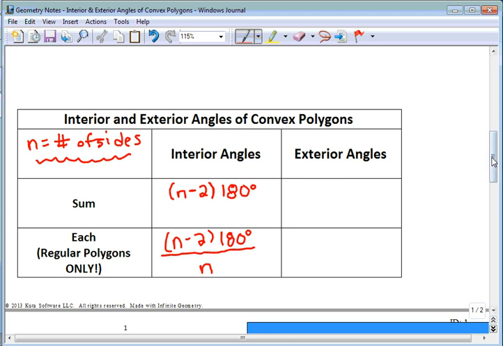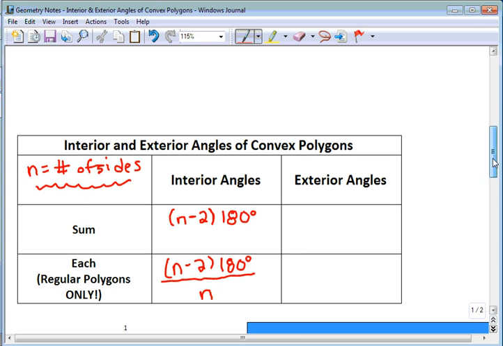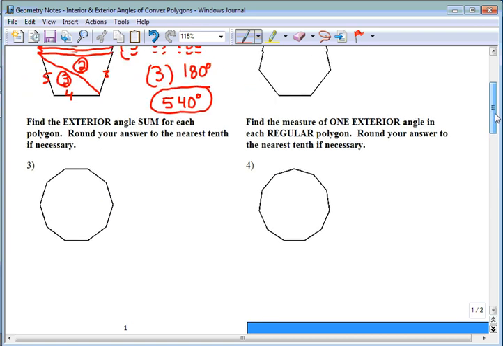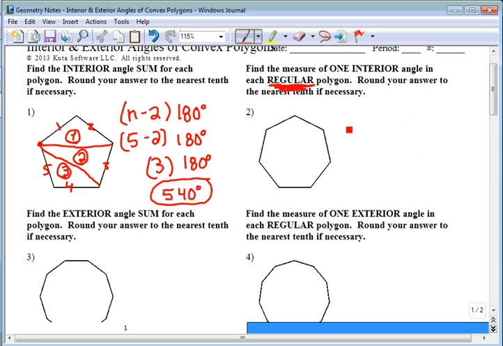So let's use this formula to figure out the measure of one interior angle of this regular polygon. So I have n minus 2 times 180 over n. In this case, let's figure out how many sides I have. I have a 7-sided figure, so a heptagon.